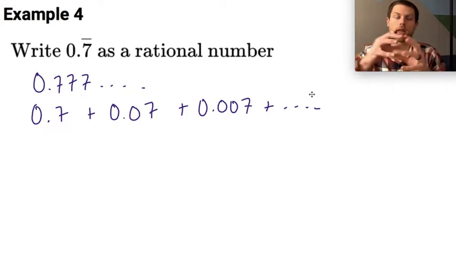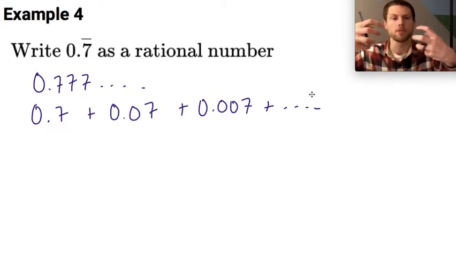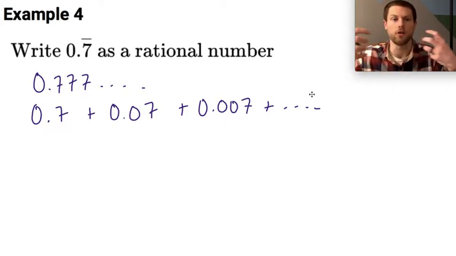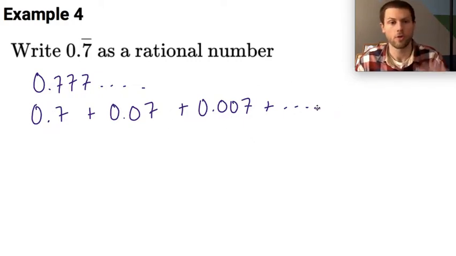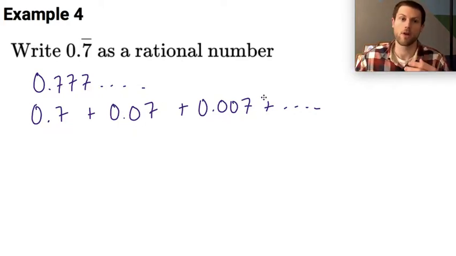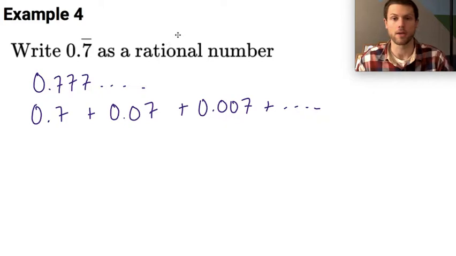So what I'm doing is separating out all the digits or all the decimal places of this number, and now I can express it as this series of terms being added up together. So hopefully that makes some sense. If I add 0.7 plus 0.07 plus 0.007 and keep that pattern up forever, I'm going to get 7 repeating.